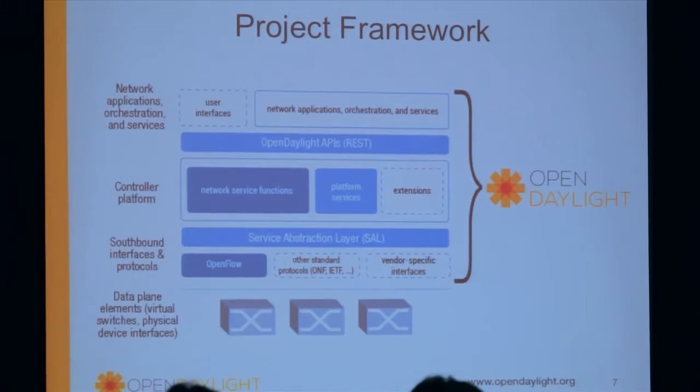So rather than programming in the nitty-gritty, for example, of OpenFlow, you would program flows, and whatever it is that can fulfill the flow programming southbound for you is what gets used. Above that, you have common network service functions, platform services, extensions to the controller, all of which will expose REST APIs north, where applications, orchestration systems, and other services can program the controller.